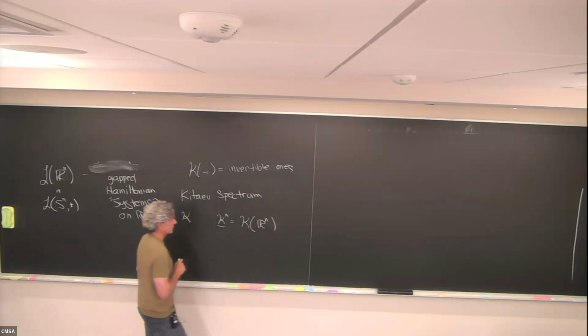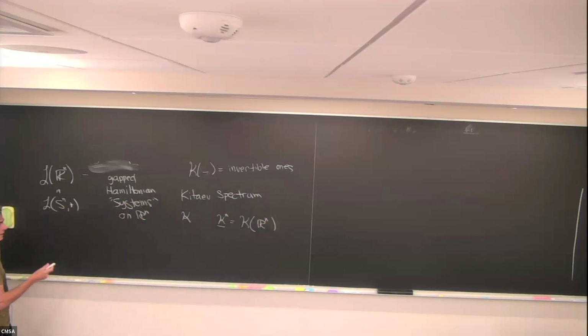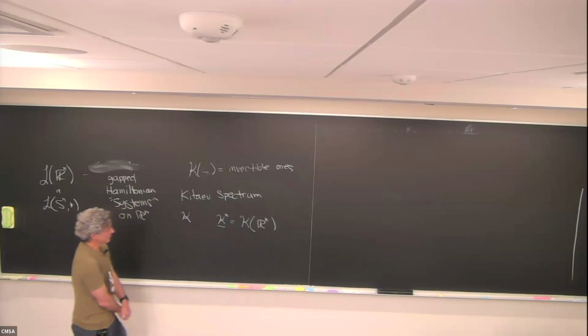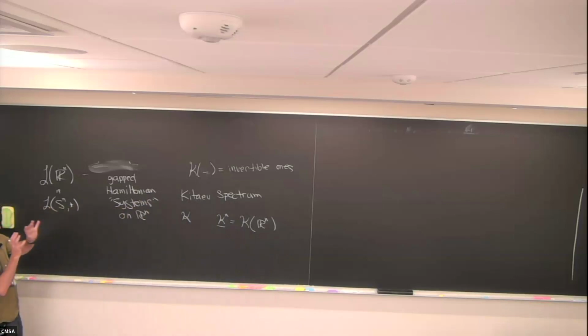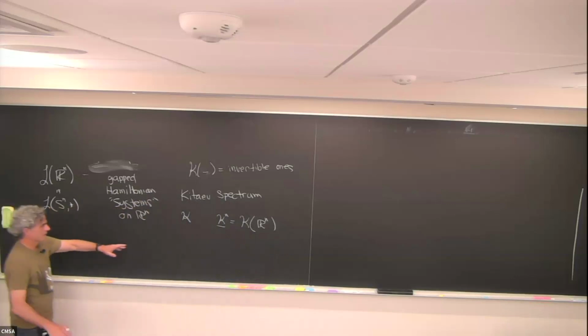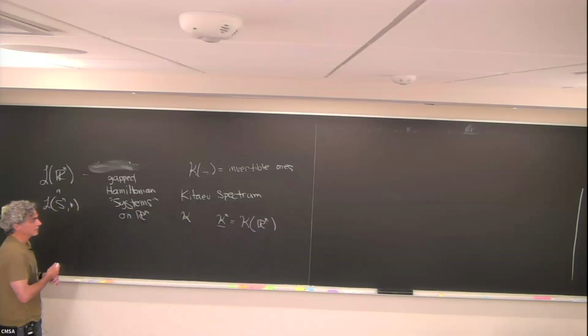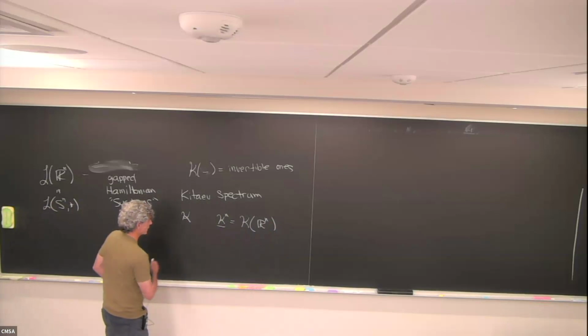Last time I had an n-1 there, and I want to shift the index so that it conforms. The index I used last time was convenient for stating the guess in homotopy theory, but there are a lot of reasons why this indexing is more convenient for other purposes, one of them being that it agrees with the way Alexei was introducing them. All right, so that forms a spectrum.